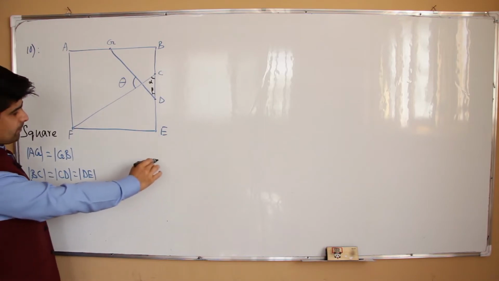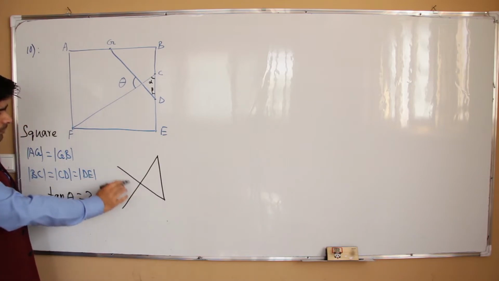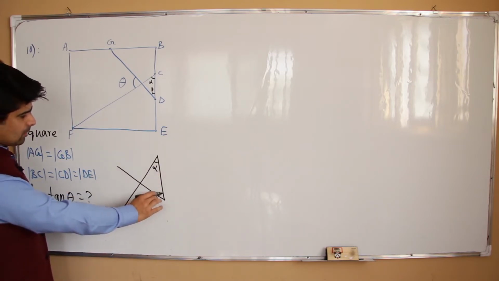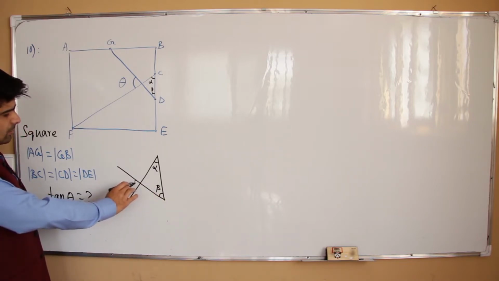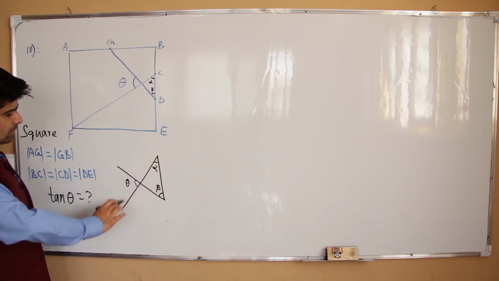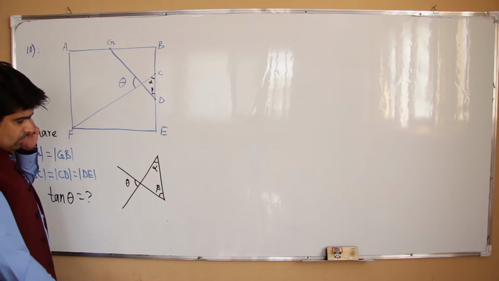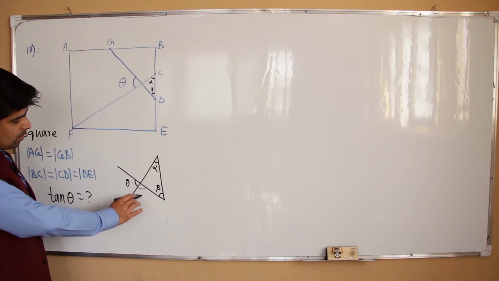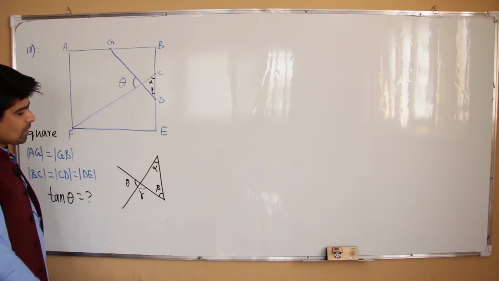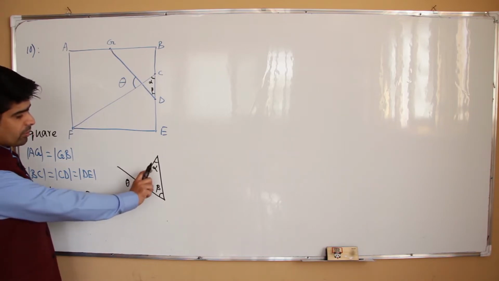Now look here. This is alpha, this is beta. Am I right or not? This one is theta, this one is theta. Now, one thing you know, that if this angle is gamma, so gamma is the external angle for this triangle.